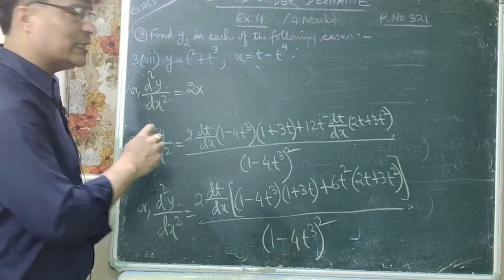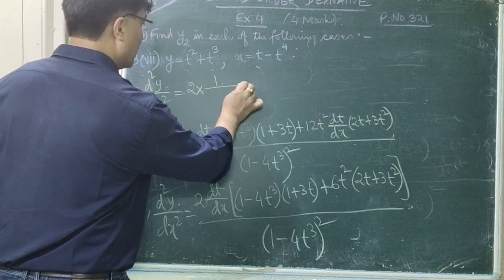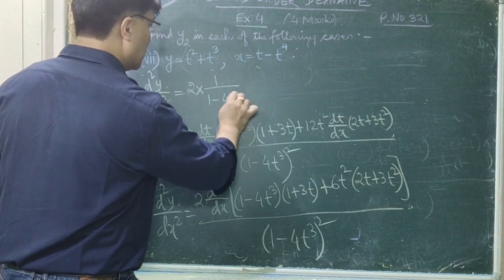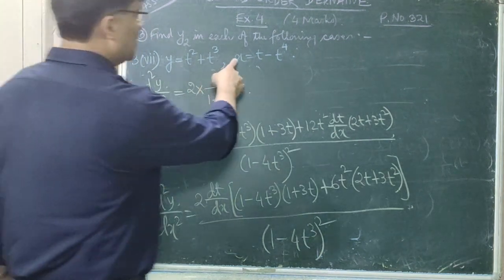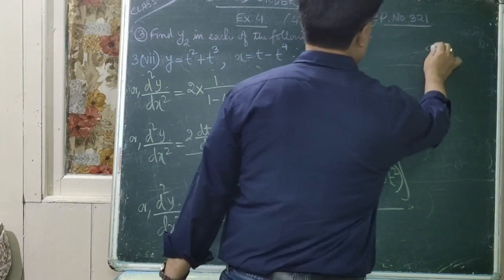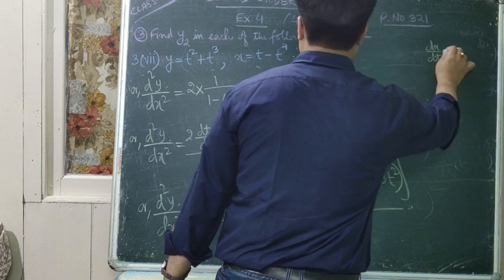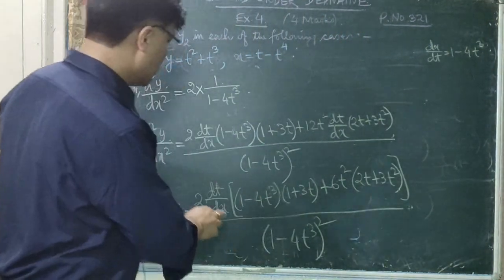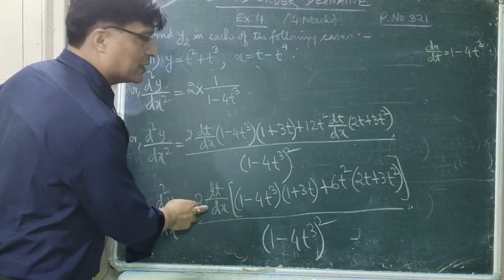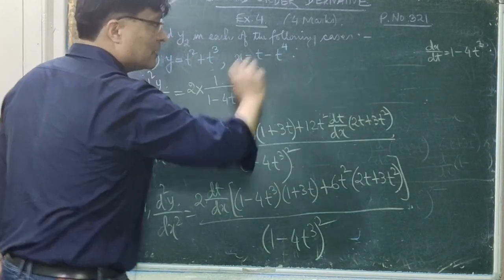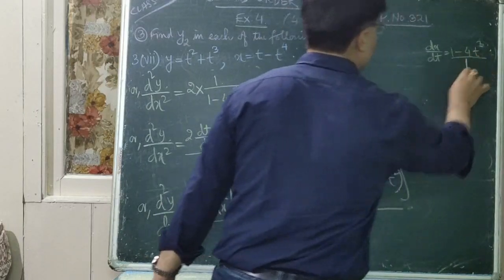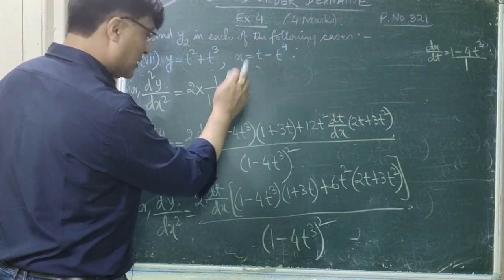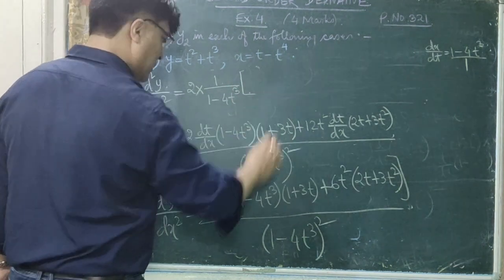That means what is dt by dx? It will be 1 upon 1 minus 4t cube, right? But in this case we have to put the value for dt by dx, so you can invert both sides. Below 1 minus 4t cube there is 1, so it is 1 upon 1 minus 4t cube. Is that clear? So now within the third bracket you can multiply them.